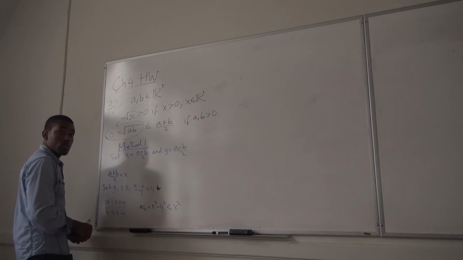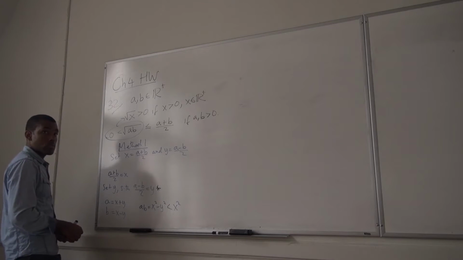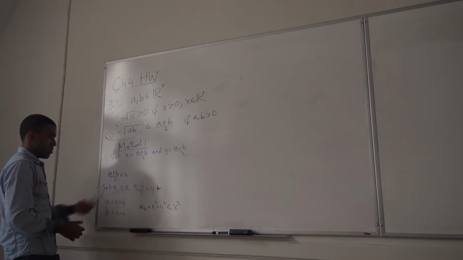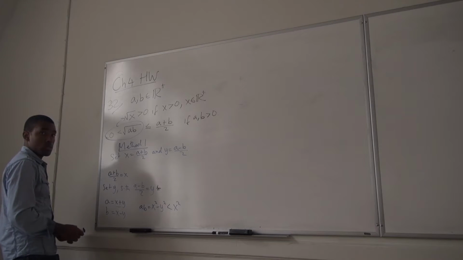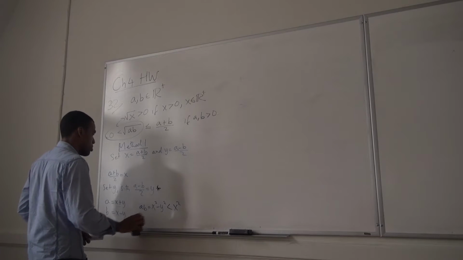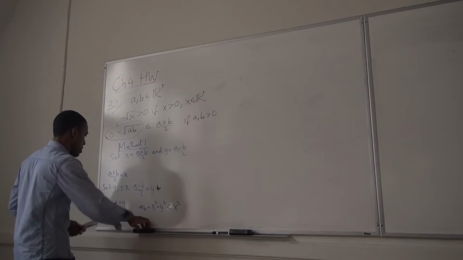I realized that you can express two numbers a and b as their average plus or minus the distance to the average. So x is their arithmetic average, and y is half the distance between the two. So that's the distance to the average. Okay, so you had some sort of geometric intuition coming into this.